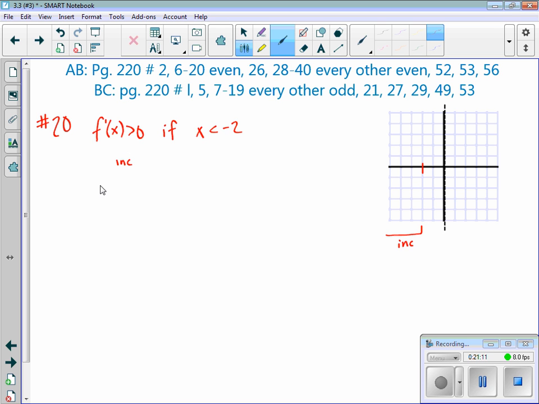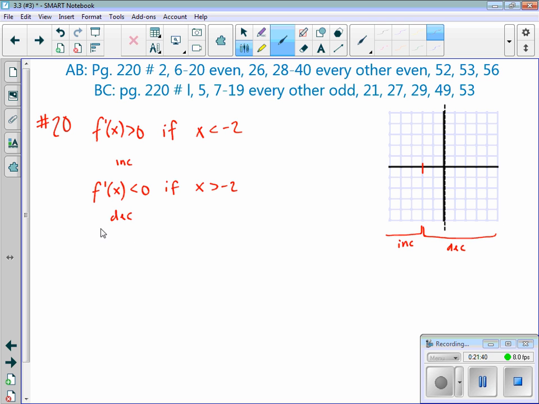And then it says that f prime of x is less than 0 if x is greater than -2. So that means what's happening to the graph? It's decreasing. So over here it'd be decreasing. And it says not at x equals 0 because there's that asymptote there, but it should decrease over here as well.